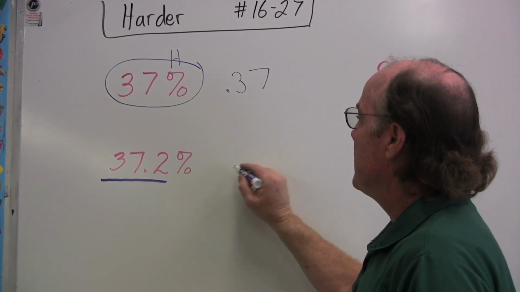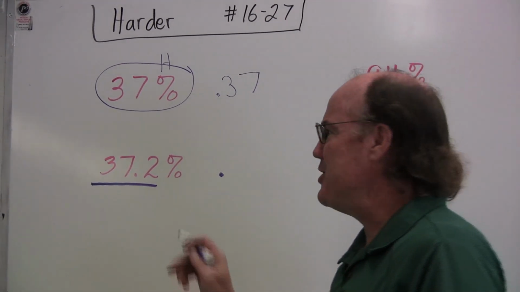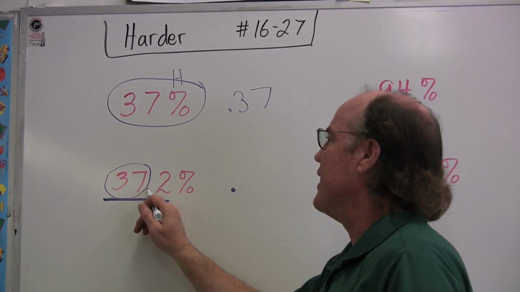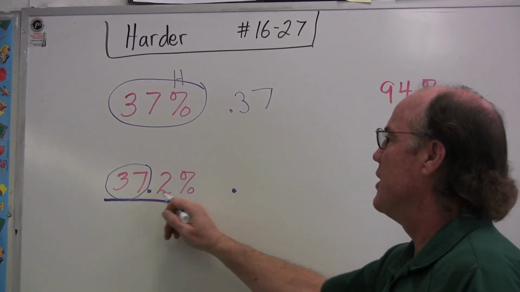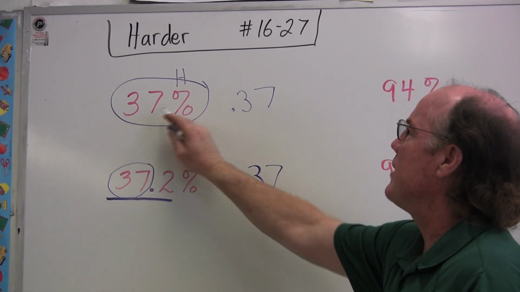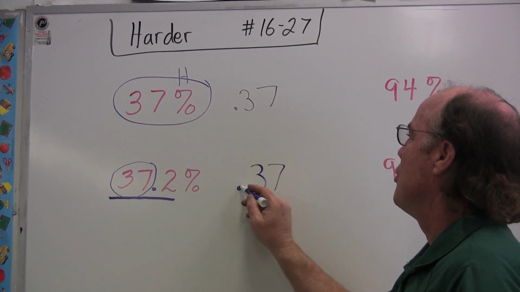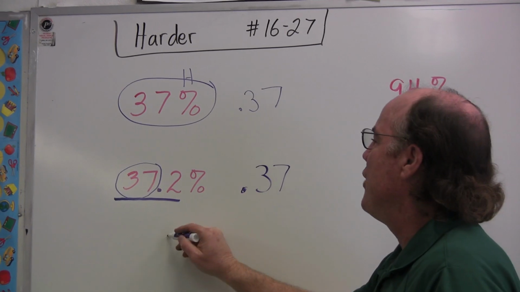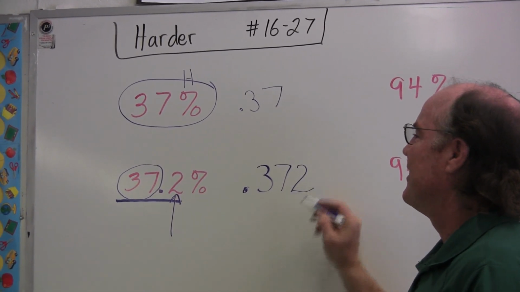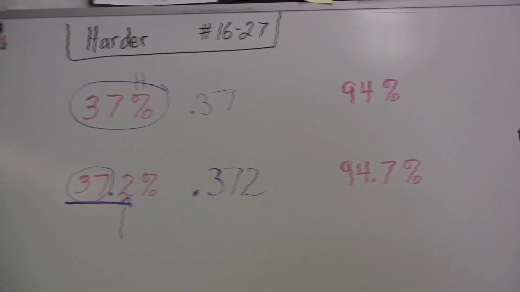Now, when I first start off, I can make this easy on myself. I can just circle the actual percent in front of the decimal place. And those are going to be the first two numbers. Look, 37%, 0.37. Then whatever is after the decimal, I just add it on.